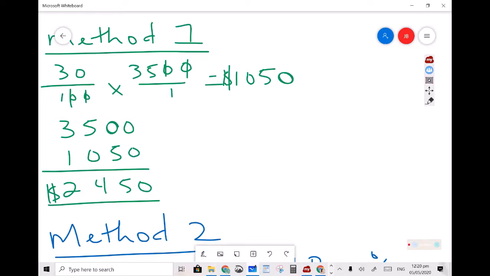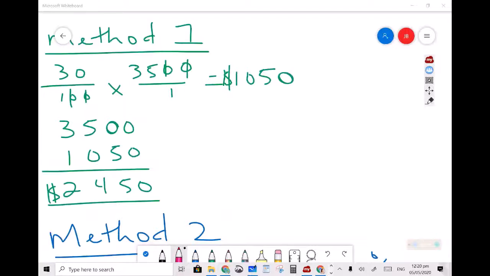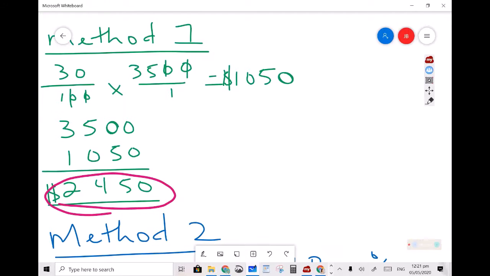So we calculated 30% of 3,500, we got 1,050, and we minus it from our mark price of 3,500, and we got 2,450. So just to establish that we use two methods, and for students who are afraid of trying new methods, we use two different methods.